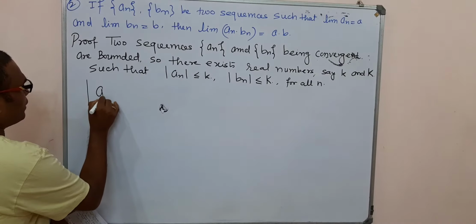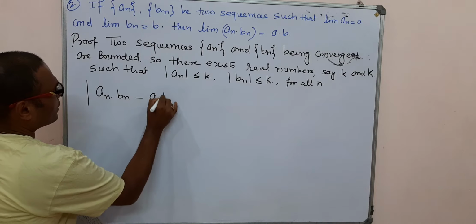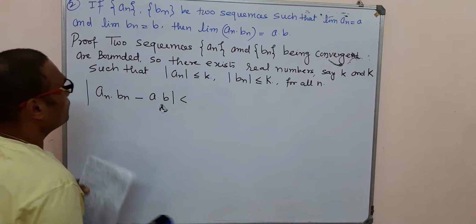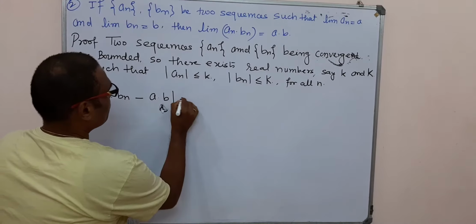According to this we compute the mod of a_n b_n minus a b, which is equal to the mod of a_n b_n minus a_n b plus a_n b minus a b. If we show that this difference is less than epsilon for all n greater than or equal to m, where epsilon is a pre-assigned value, then we say that the limit of a_n b_n is exactly equal to a b.